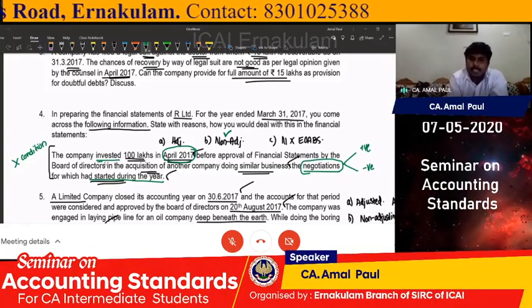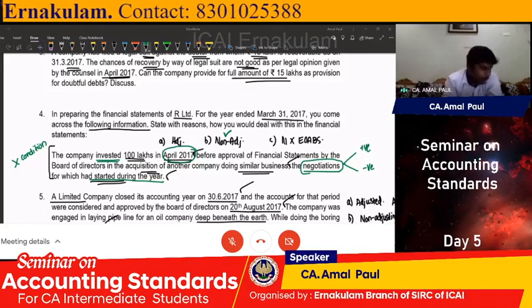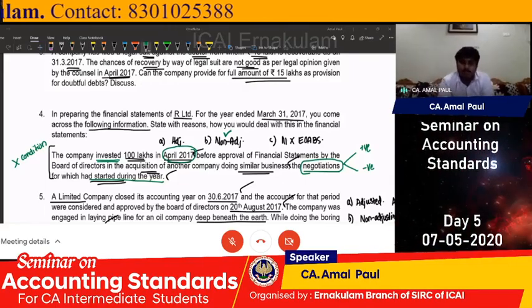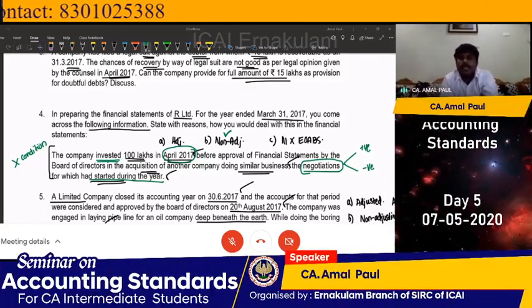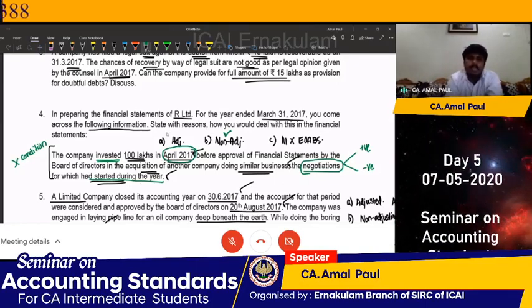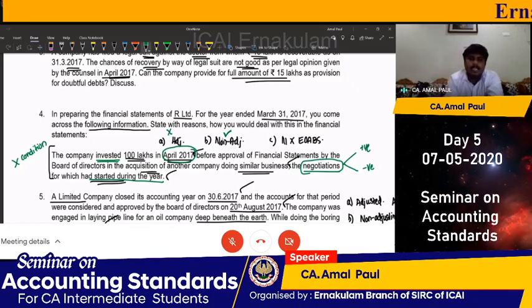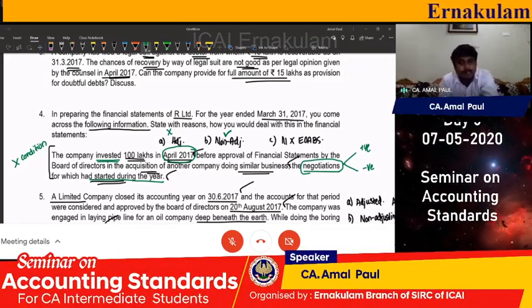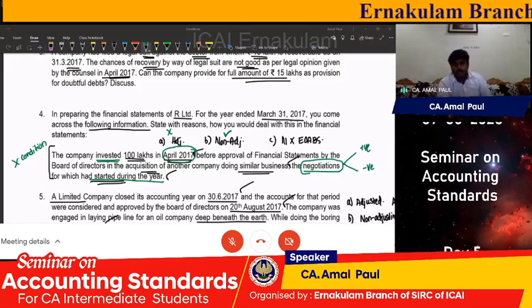They invested this amount only after the balance sheet date. So merely because negotiation started during the year, we cannot consider it an adjusting event. We can consider it a non-adjusting event only.